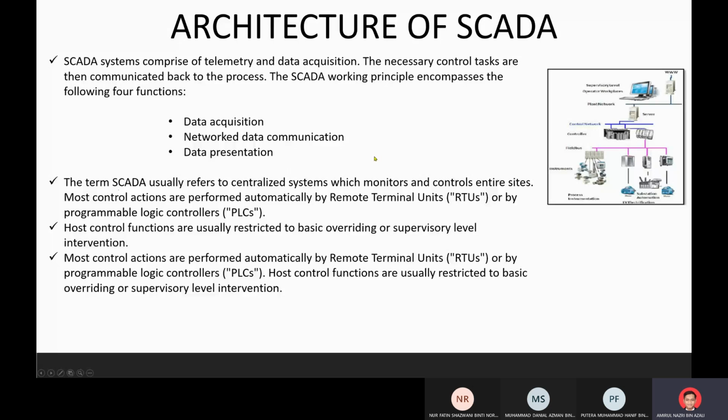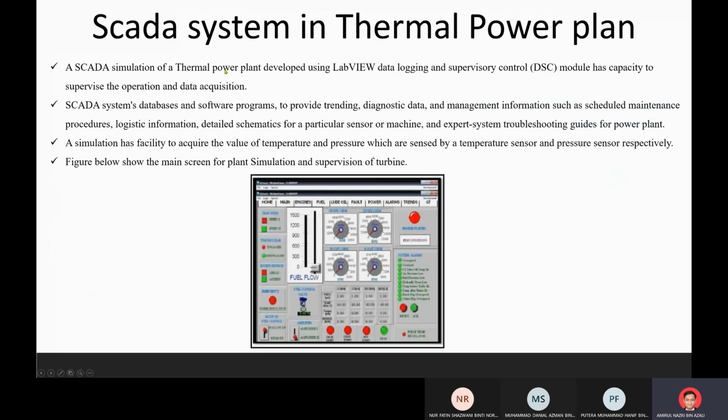Okay, so next is the SCADA system in a thermal power plant. The SCADA simulation of the thermal power plant was developed using LabVIEW Datalogging and Supervisory Control, the DSC module, which has the capacity to supervise the operation and data acquisition.